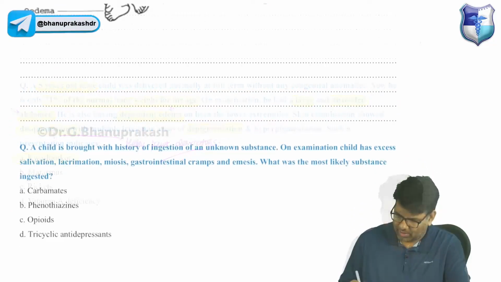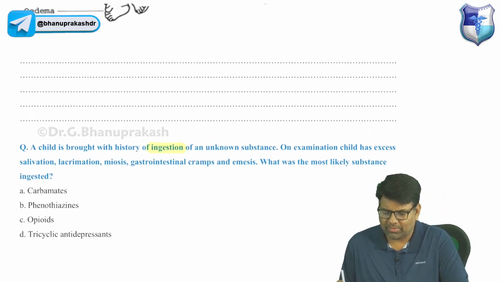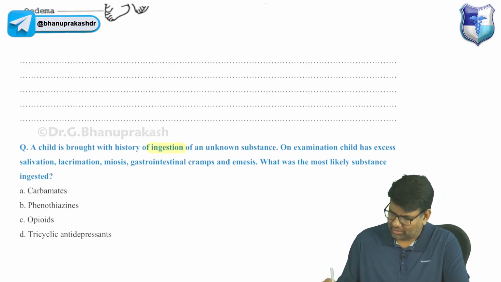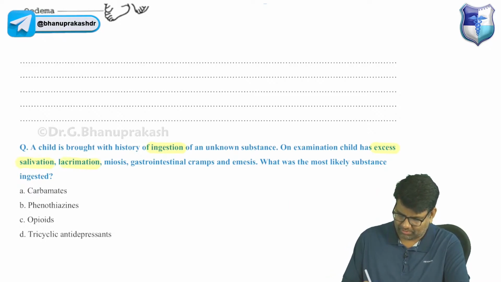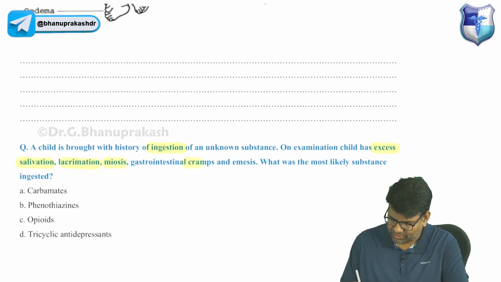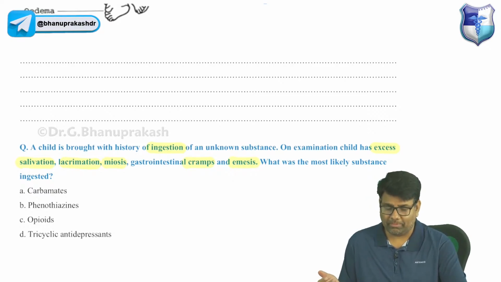A child has ingested some unknown substance. Hepatomegaly is also there. And there is excessive salivation, lacrimation, miosis, GI cramps, and emesis. What substance has been ingested most likely?